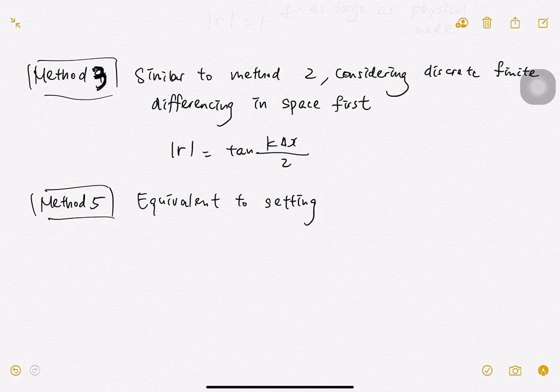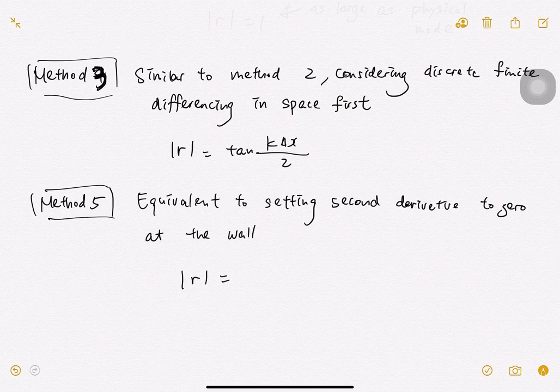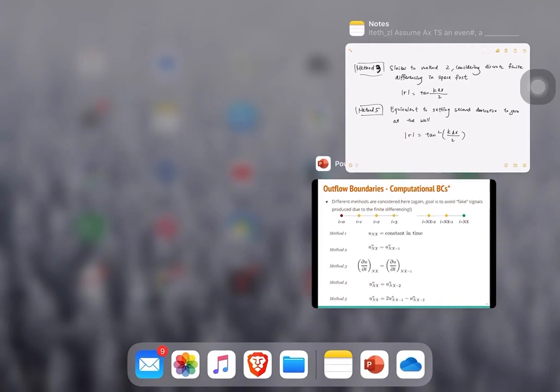So for method 5, it's equivalent to setting the second derivative to 0 at the wall. And then the magnitude of the reflection is tangent square k delta x over 2. Okay.